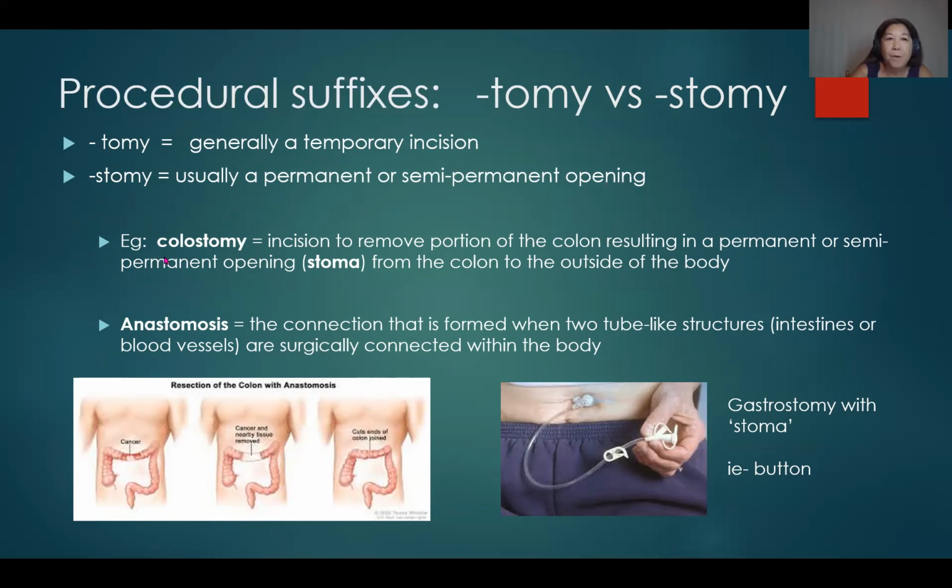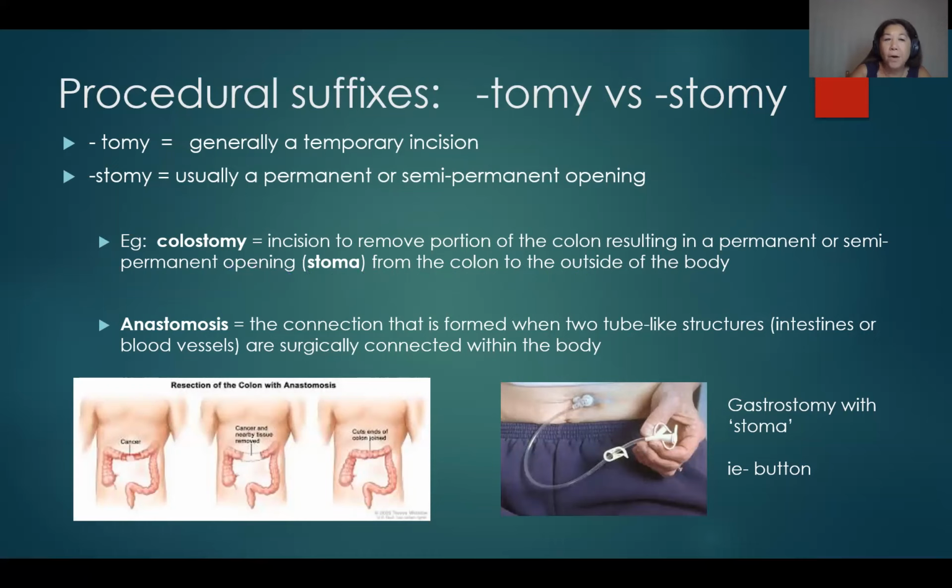So, for example, a colostomy, which you may have heard of, is an incision to remove a portion of the colon, usually because of cancer or maybe some inflammatory bowel disease. And this results in a permanent or semi-permanent opening known as a stoma from the colon to the outside of the body.